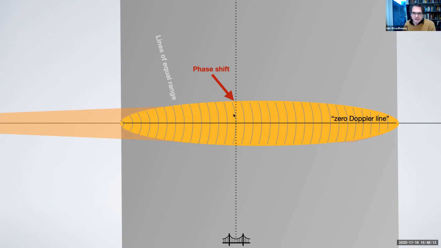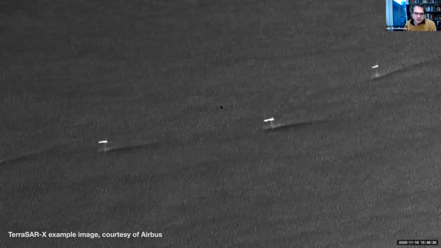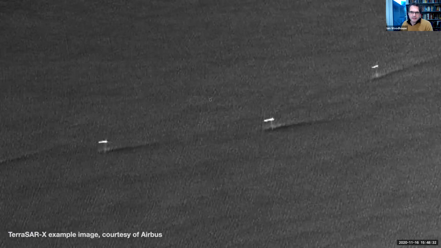Now, one of the assumptions in here, and this is where the Doppler shift helps in terms of understanding what's going on, is that if your target is actually moving, then you introduce an extra Doppler shift, which your system will interpret as being a geographical location. It will put it into a different place.